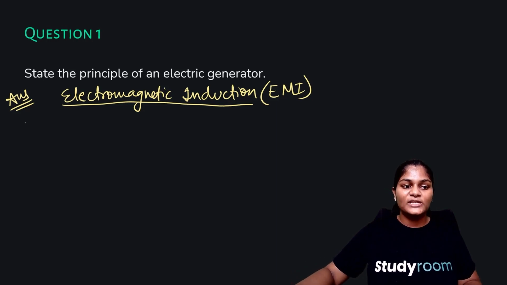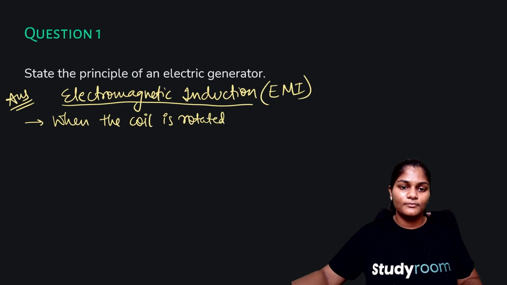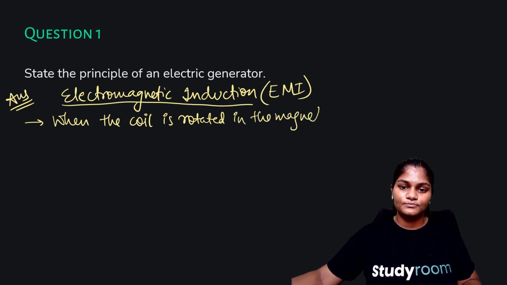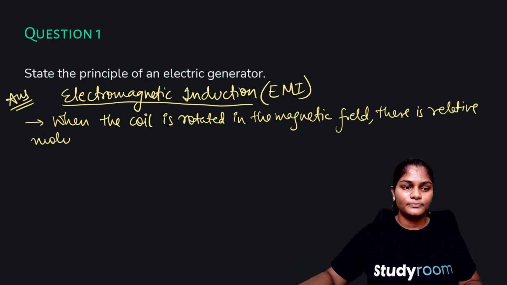So how do we explain this? We say, when the coil is rotated in the magnetic field, there is relative motion between magnet and coil, right?